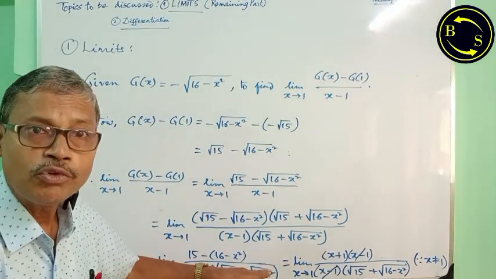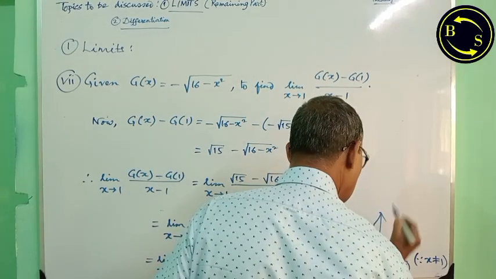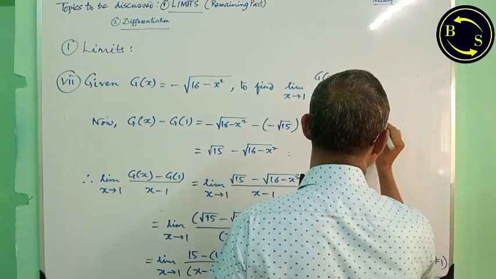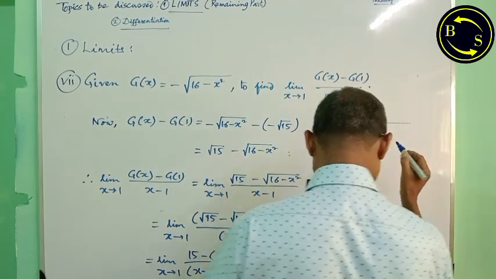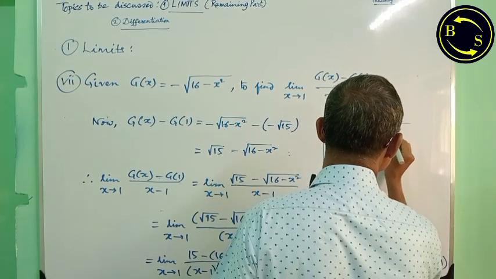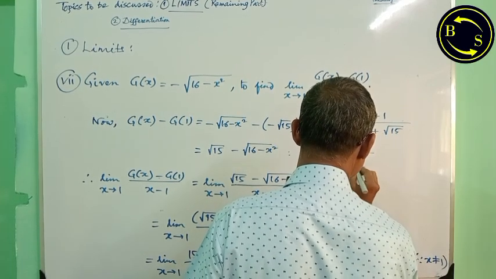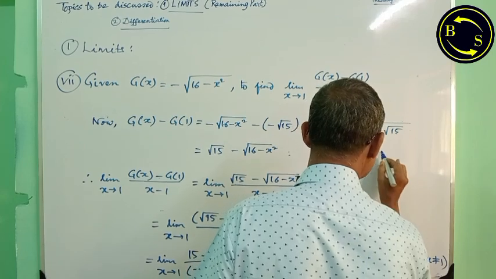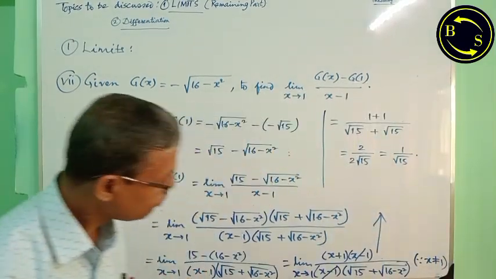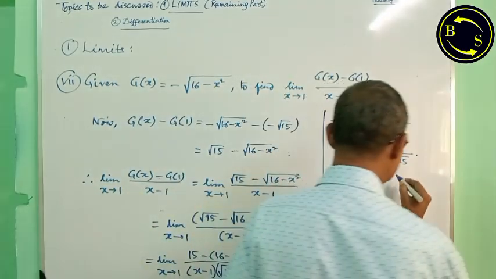Now finally we put the value x equal to 1, and after simplification, we have got the value 1 by 15. This is the answer.